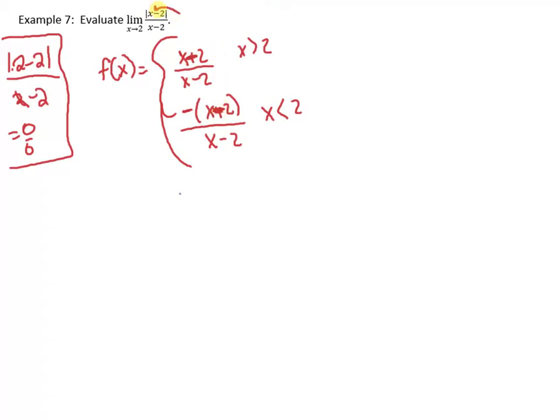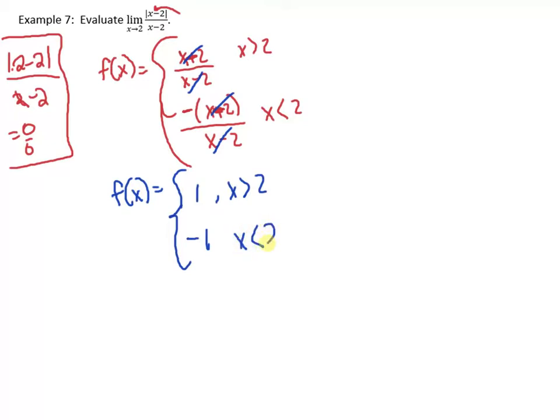I kept saying plus. Okay? So, in other words, let's actually just simplify this. So f of x equals, we can cancel those two out. So our piecewise function now is going to be 1 when x is greater than 2, and -1 when x is less than 2.